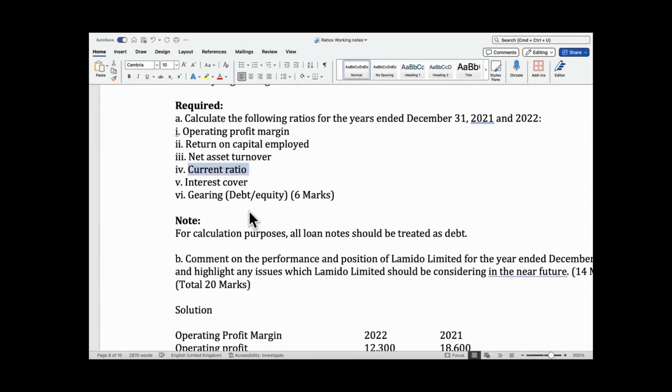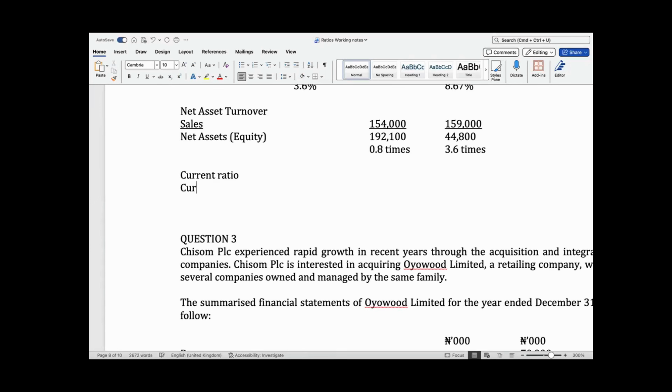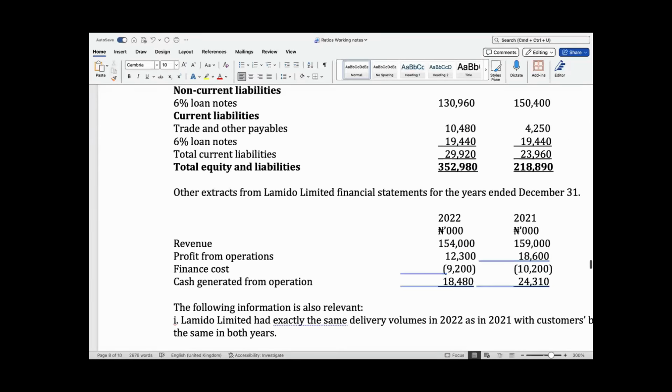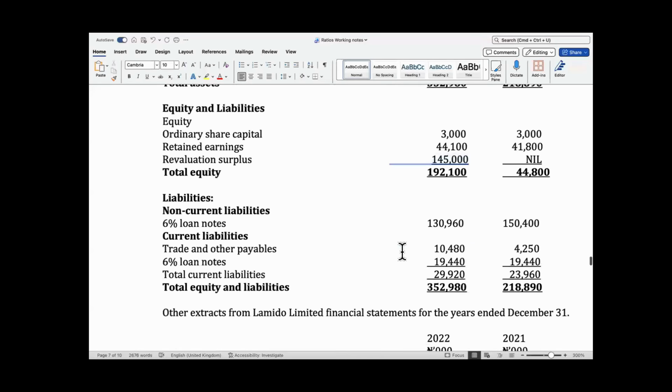Then there is current ratio. Current ratio is current assets over what? Current liabilities. Good. What was our current assets in 2022? That's 15,980.